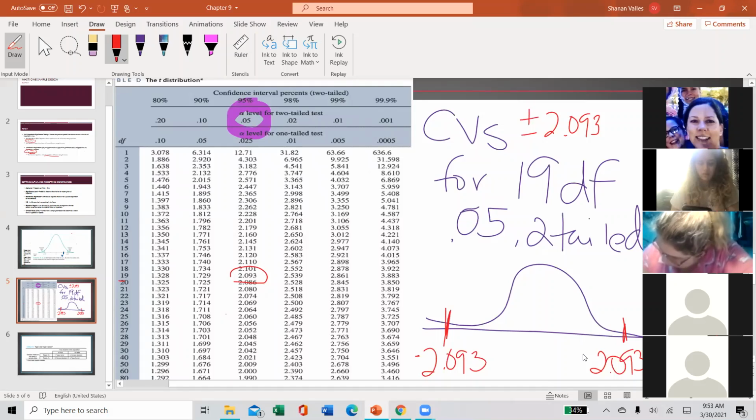Our critical values determine the rejection region, right? The rejection region is anything beyond the critical value.